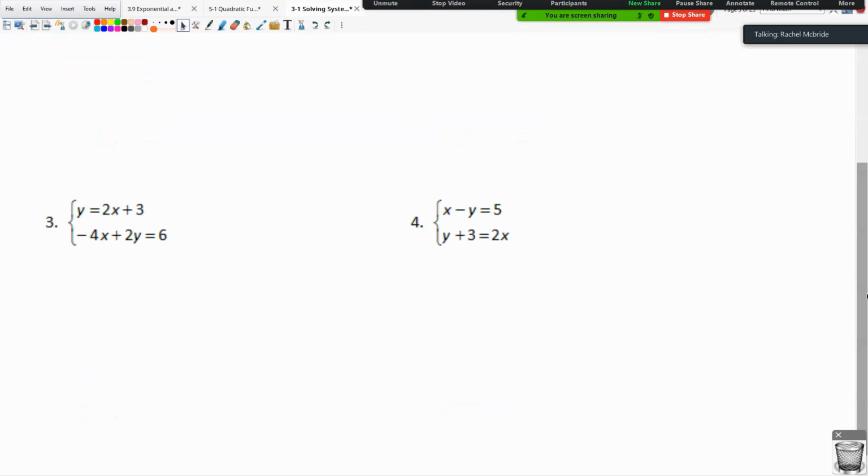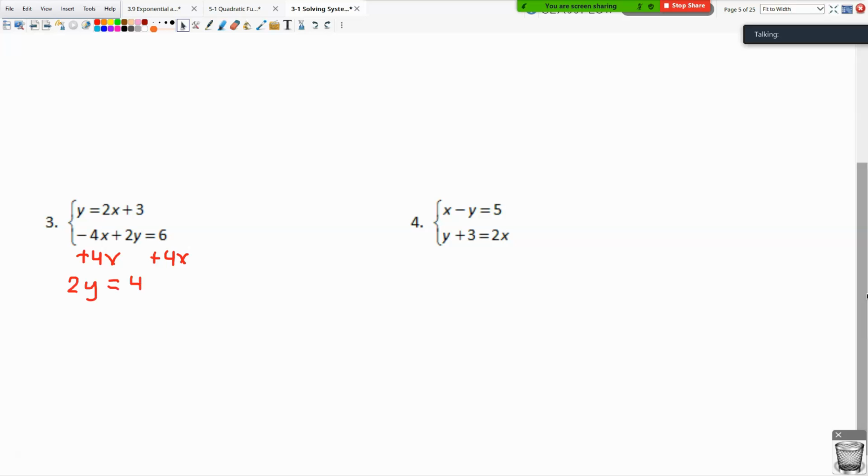Number 3. Equation 1 is already solved for y. So we have to solve equation 2. So we add 4x to both sides. Divide by 2. And once again, I notice that the slope and the y-intercepts are the same.